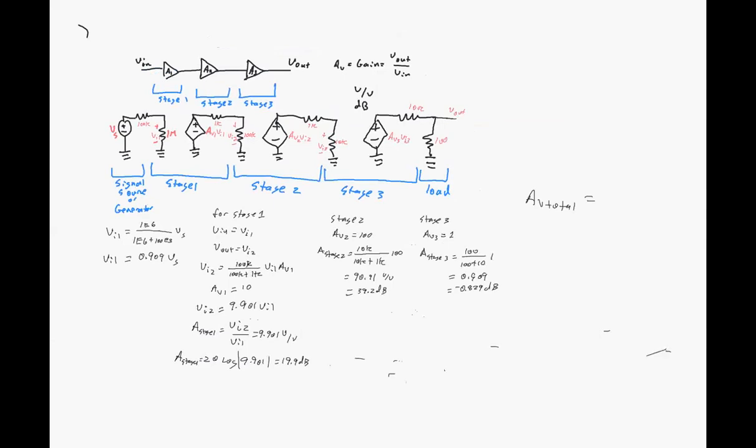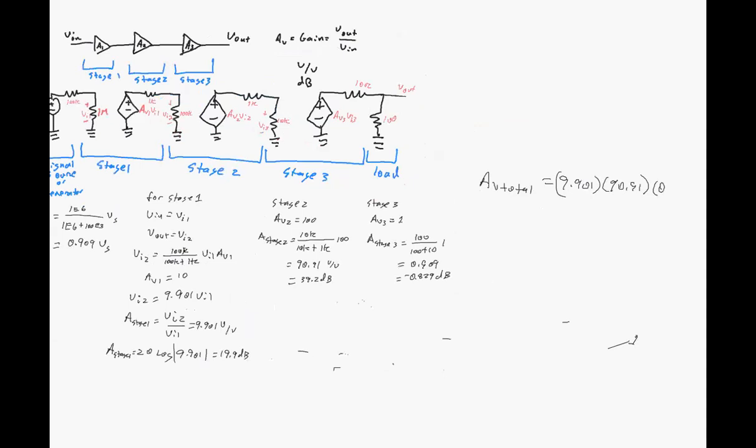So 9.901 times 90.91 times 0.909. And if we multiply those out, we get, what do we get?